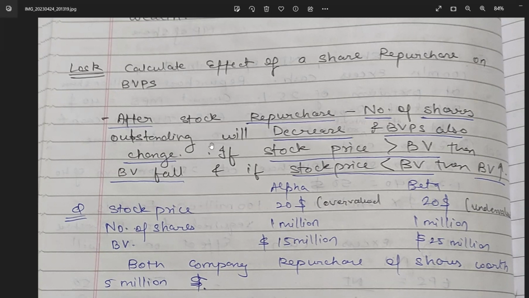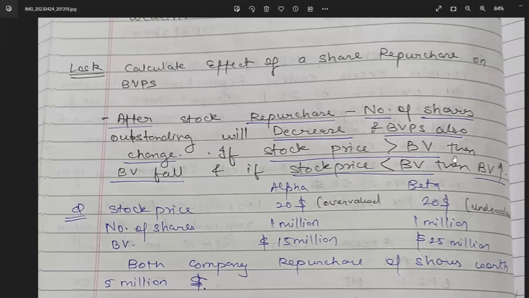Suppose the book value, that is the real value of the company, is $100, but the stock price is trading at 120. So the stock price is trading at a premium compared to the book value. If the stock price is greater than the book value, then book value per share will fall if we repurchase the shares. And if the stock price is less than book value, then book value per share will rise.